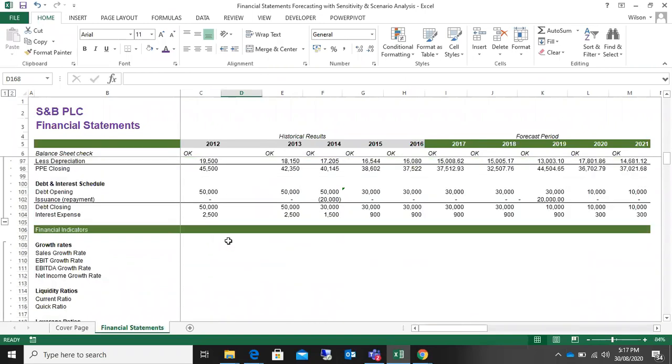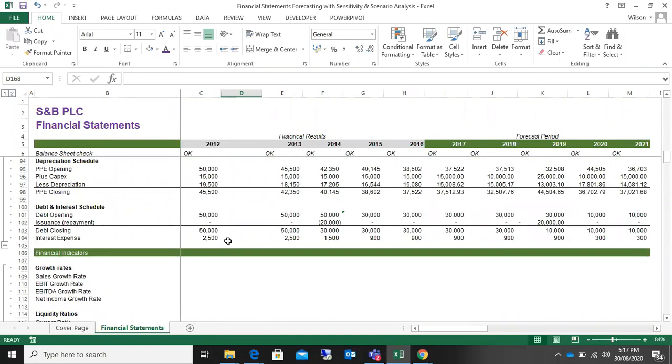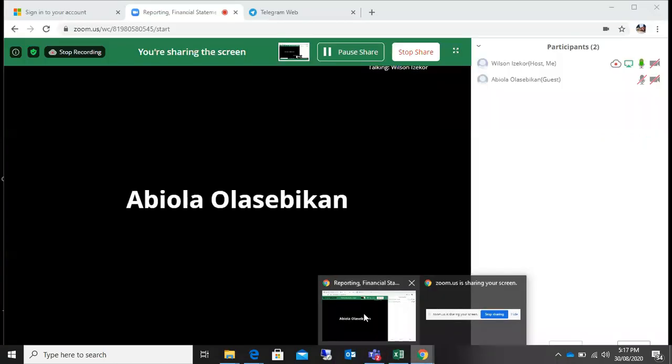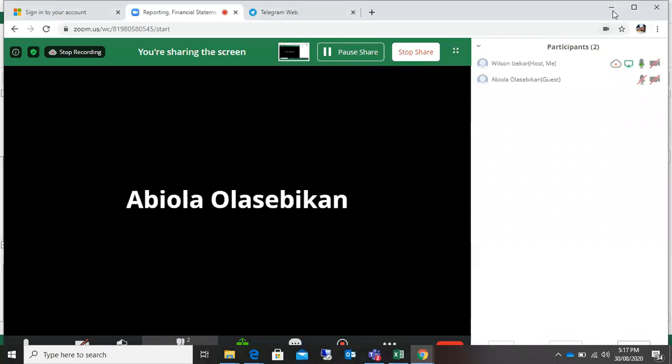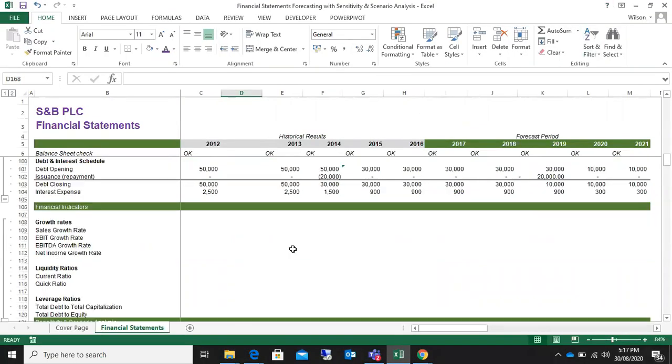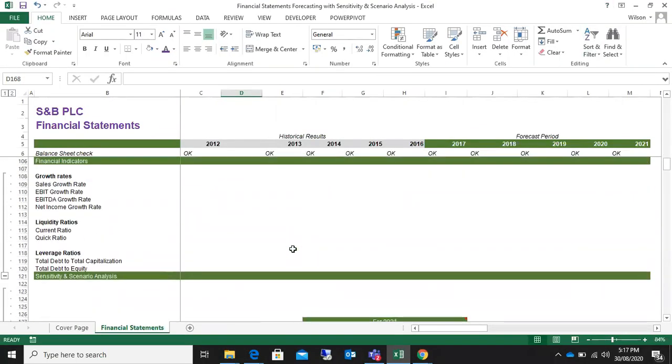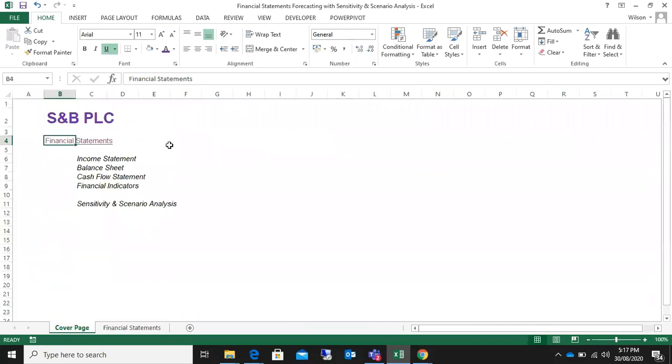When you are doing financial statement modeling, it's important that you include financial indicators. Financial indicators can come in different ways, but my own style of preparing models, which most financial modelers also do, is to include financial indicators after the cash flow statement.